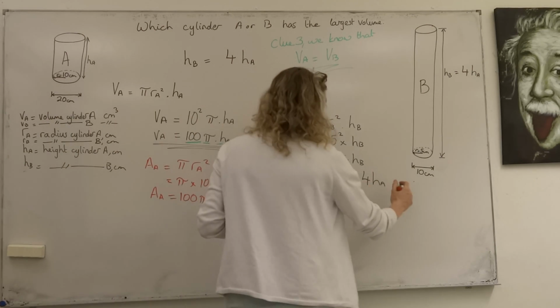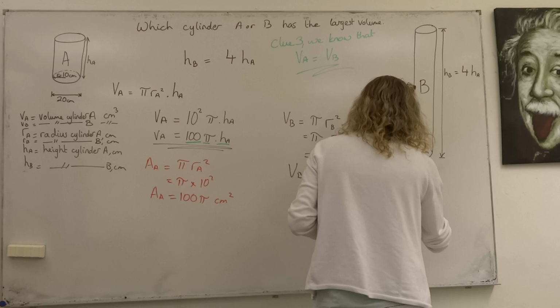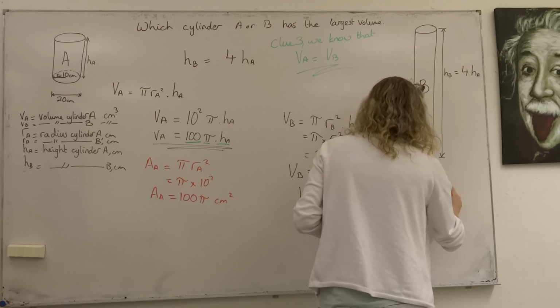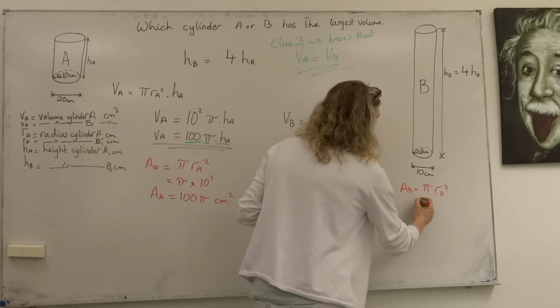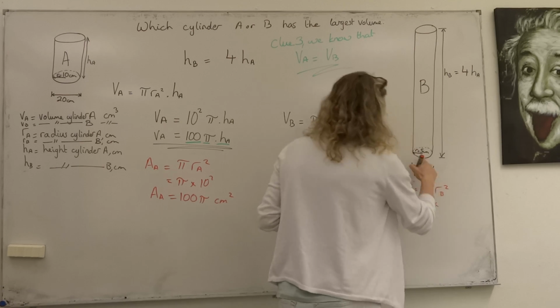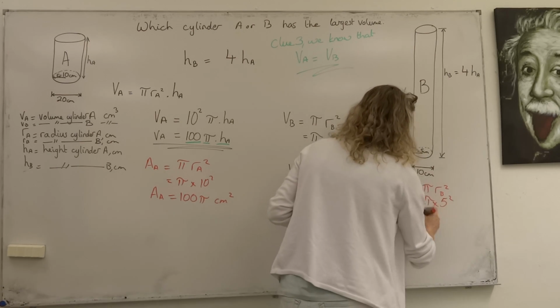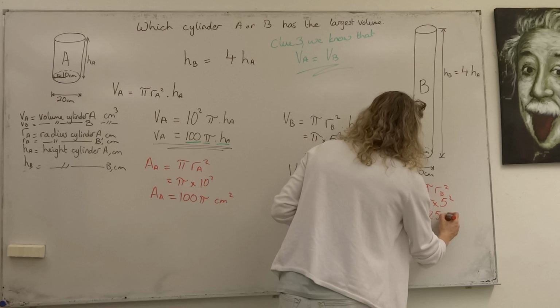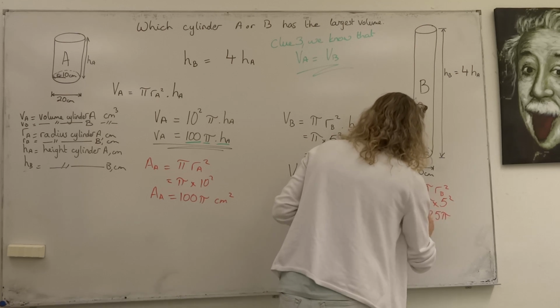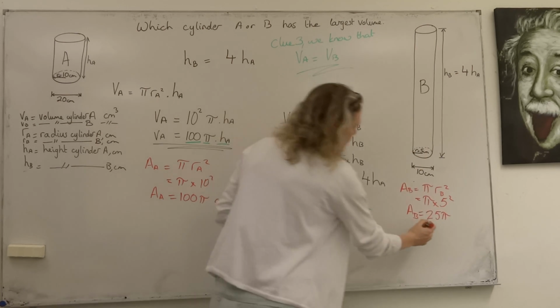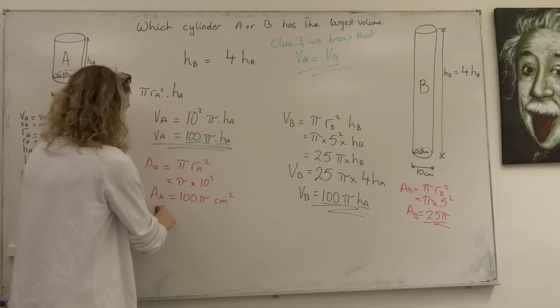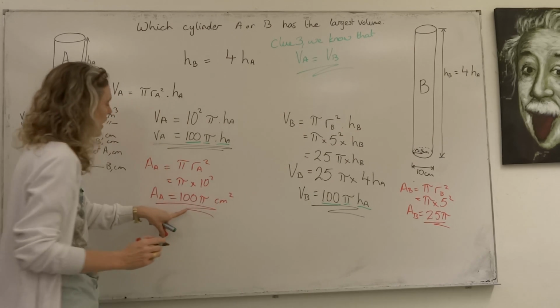The area of the bottom of cylinder B will be pi times r of B squared, which will be pi times 5 squared, which is 25 pi. So the area of cylinder B is 25 pi, and the area of the base of cylinder A is 100 pi.